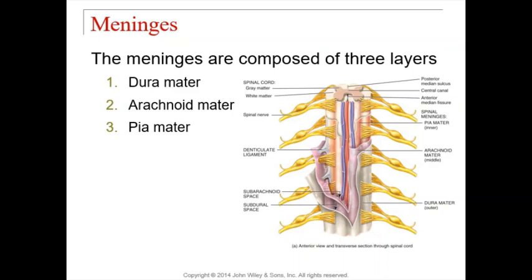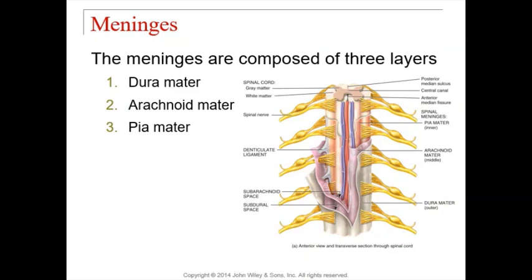But again, they're all there for protection. Make sure you know your three meningeal layers in order from most superficial layer to deepest layer. And that's what you see on this slide. Outermost layer, the dura mater. Middle layer, the arachnoid mater. And the innermost layer, touching the spinal cord, is the pia mater.